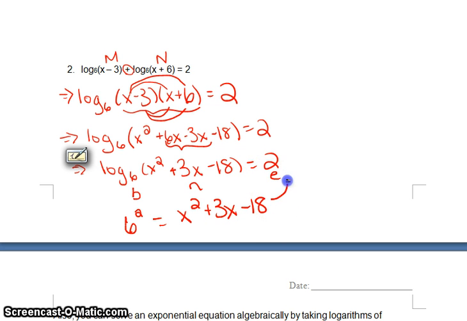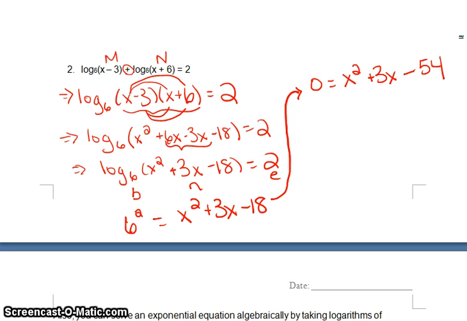Now we're going to move everything onto one side. So we can also simplify this at the same time there. So we have 0 is equal to x squared plus 3x, and this is 36. And to move that to the other side, we'll subtract. So it'll be negative 18 minus 36, and that will be equal to negative 54.